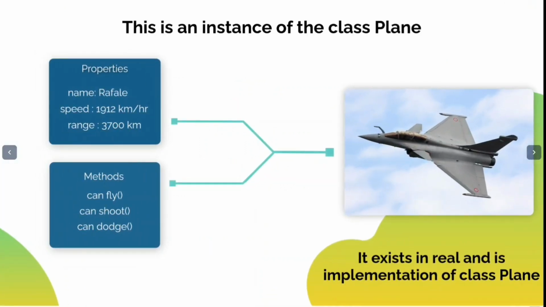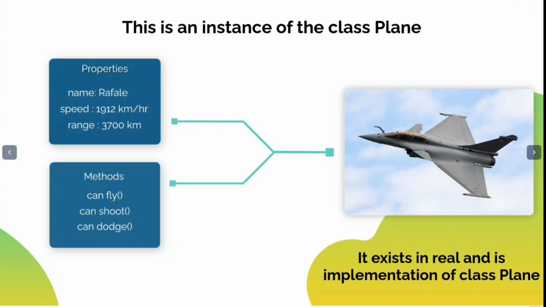Here we have an instance of the class plane. It exists in the real world and is an implementation of the class plane. An object can contain many properties and methods. The object we have used here is the fighter jet Rafale with the given speed and range.